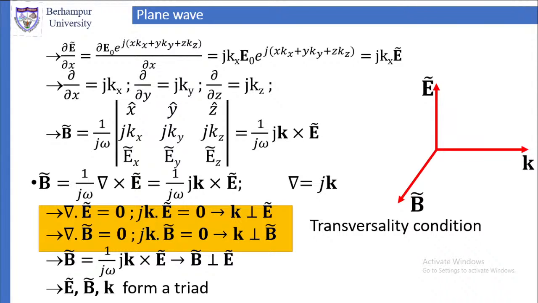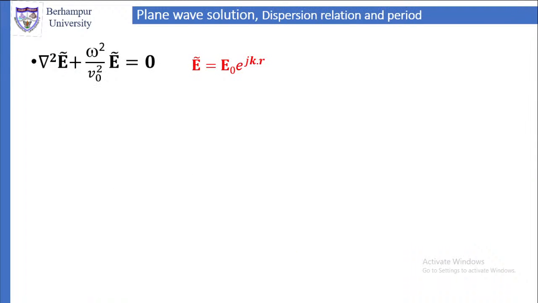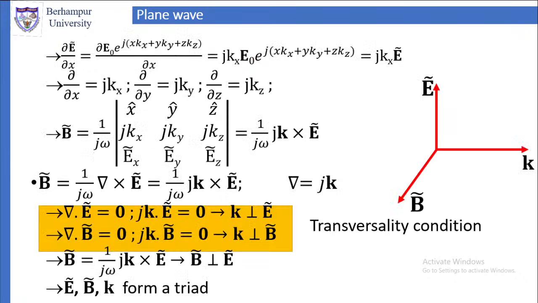What is a triad? Triad means E tilde, B tilde and k can be represented along the principal axes of a Cartesian coordinate system. You can see in the figure that we have shown a Cartesian coordinate system. Along the x-axis, y-axis and z-axis, we have B tilde, E tilde and k.